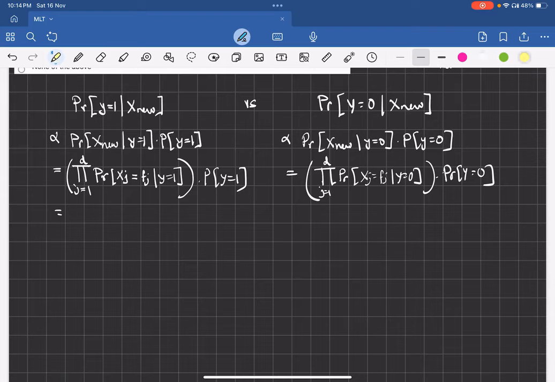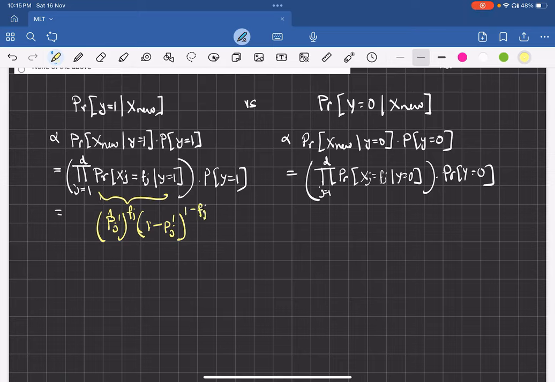This is the notation for this probability term. It can be written as nothing but pj1 hat to the power fj, multiplied by 1 minus pj1 to the power 1 minus fj.